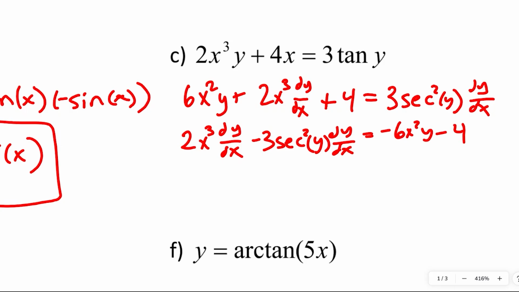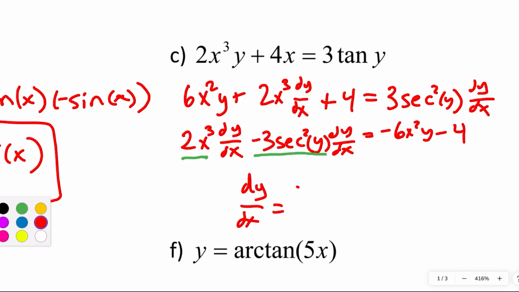Then I'm going to factor out the dy dx and divide by what's remaining here. So the dy dx is going to get factored out as a GCF, and then I'll have this 2x cubed minus 3 secant squared y that I will divide on both sides. So dy dx is going to equal negative 6x squared y minus 4 divided by 2x cubed minus 3 secant squared y.